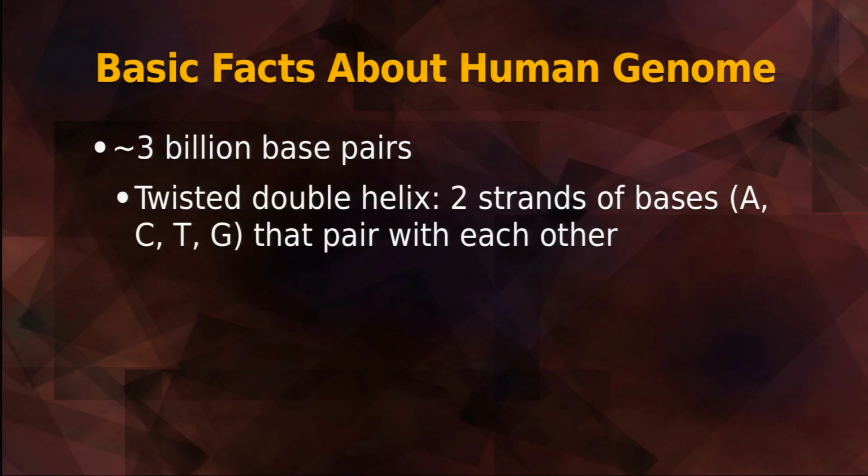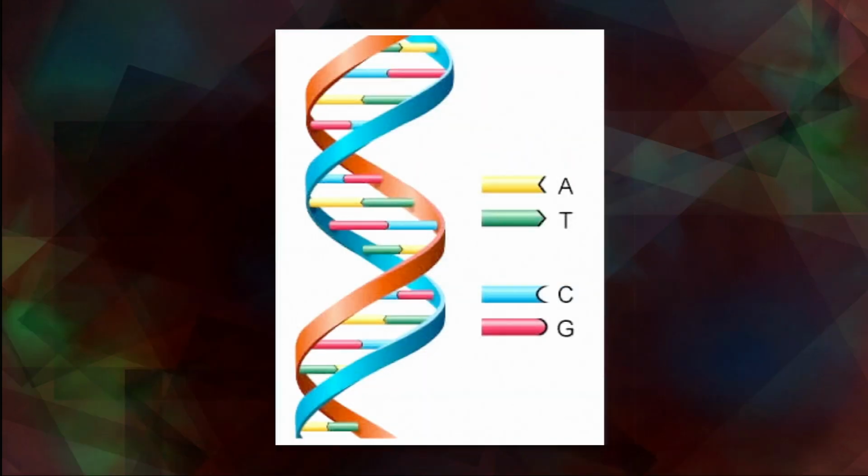And so there's two strands of bases that pair with each other, and we represent those bases with 4 letters, A, C, T, and G. Most of you have probably seen an image very similar to this one of the twisted double helix, and there are rules, so to speak, that have to be followed in DNA. A always binds to T, and C always binds to G to form that double helix.